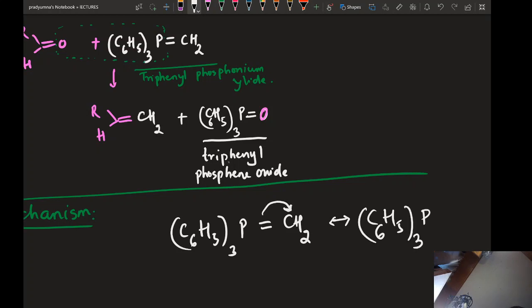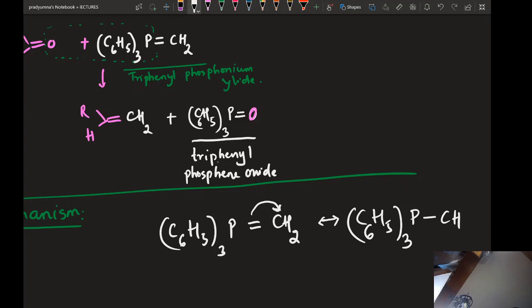If I move this pair of electrons towards the carbon, our molecule looks like CH2 minus, and this one would be our plus.